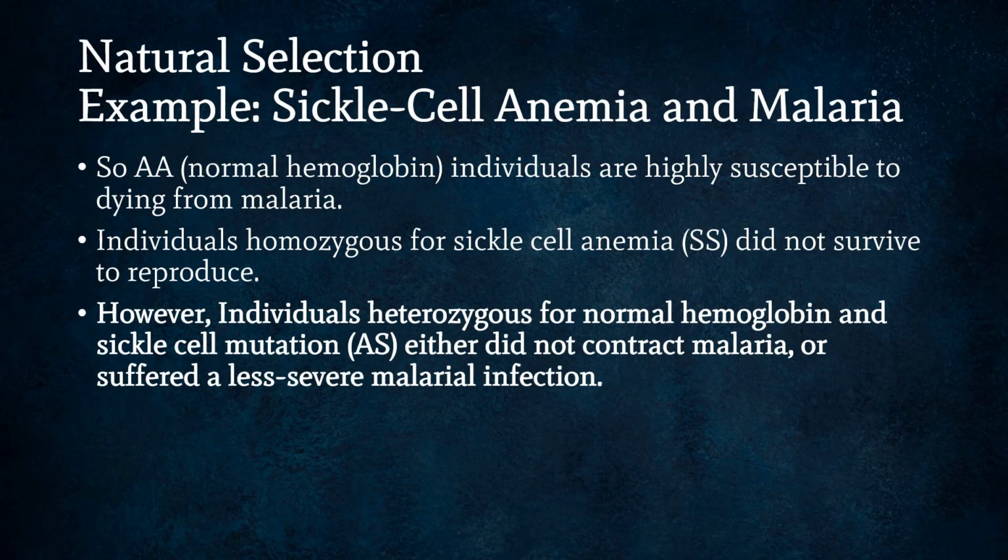So let's continue here. The homozygous dominant normal hemoglobin individuals are highly susceptible to dying from malaria. Individuals homozygous for sickle cell anemia do not survive to reproduce. However, individuals that are heterozygous for normal hemoglobin and sickle cell mutation either did not contract malaria or suffered a less severe malarial infection.